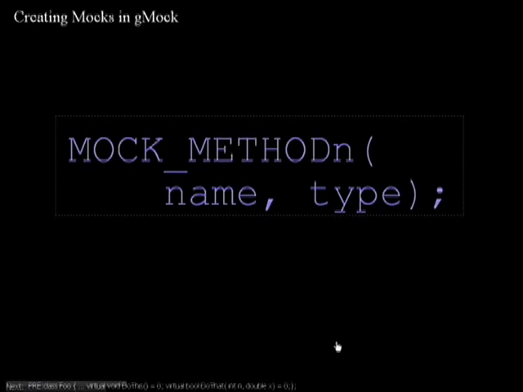It takes two arguments. The first one is the name of the method. And the second argument is the type of the method. So you just declare your desire to create this mock, and gMock will expand this macro into its actual implementation.